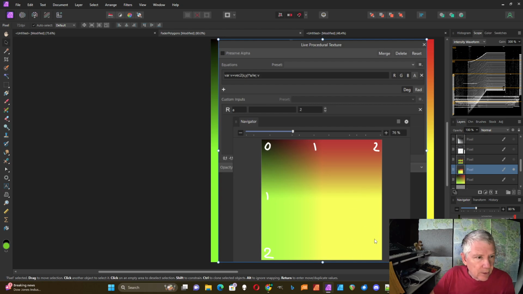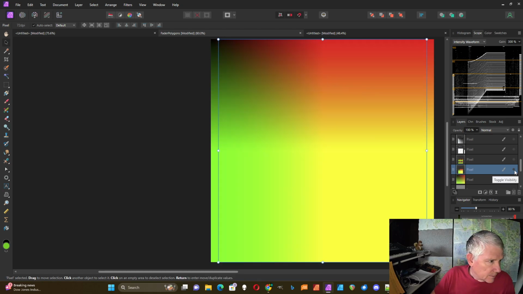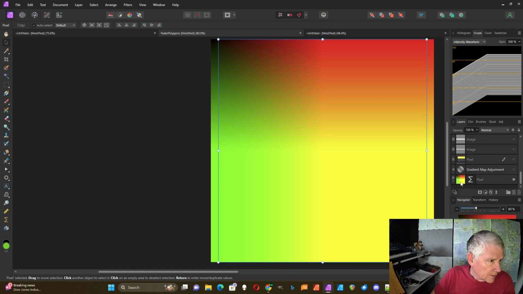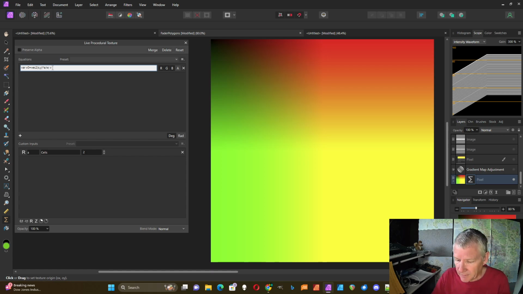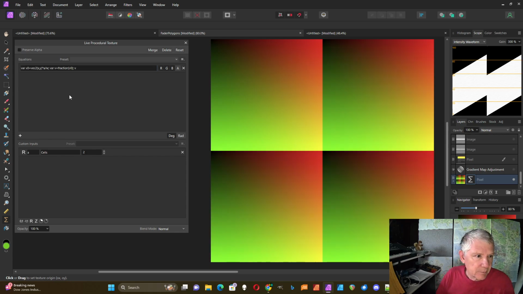Okay, so what I'd like to create is a repeating pattern, and in order to do that, I'm actually going to change this one to v0, and I'm going to create a new variable, and I'm just going to call that v like I had before, but now I'm going to take the fraction of v0 like that, and I'm going to present v as the image.